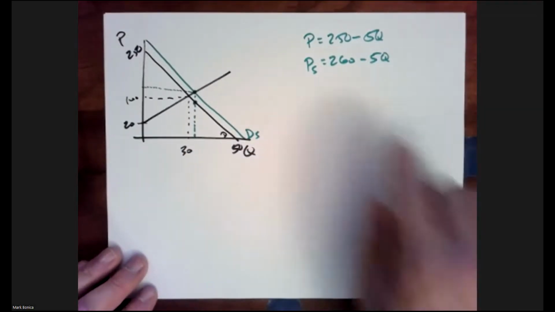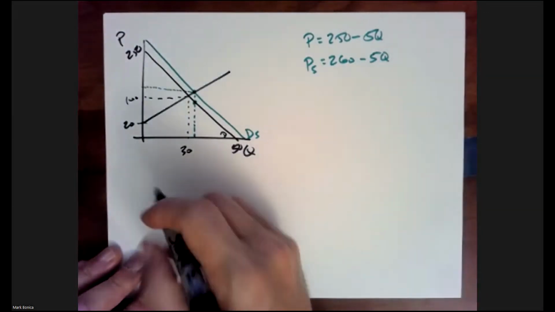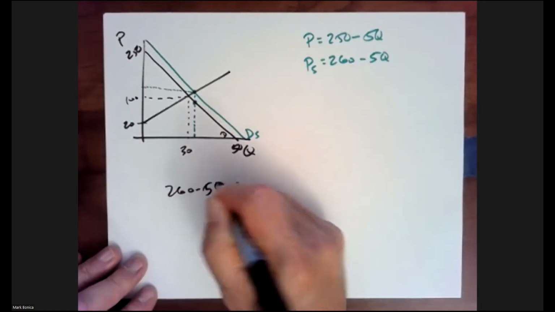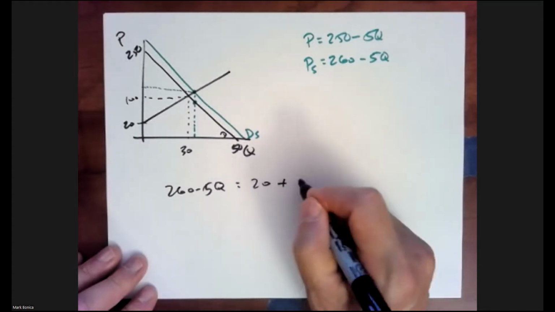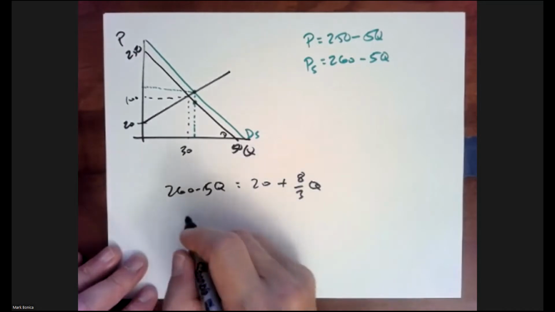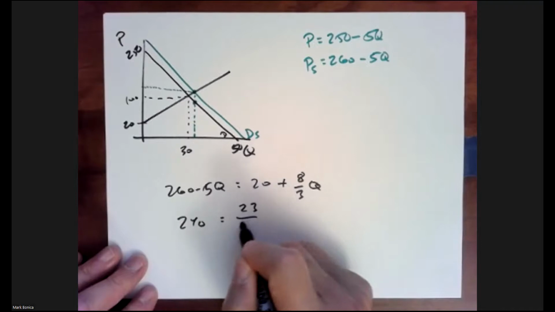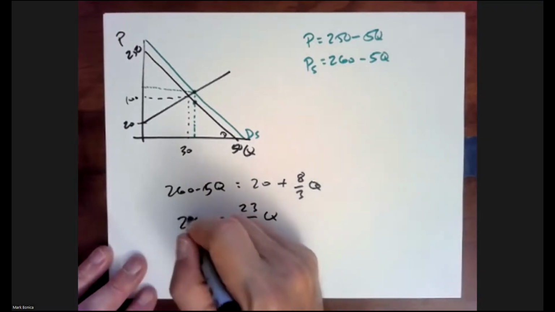Well, we're going to take the subsidized demand curve, 260 minus 5Q, and set it equal to the supply curve, 20 plus 8/3 Q. Subtract 20 from both sides, we get 240 equals 23 over 3Q. I'm not doing that again because we've already done it like 4 times.